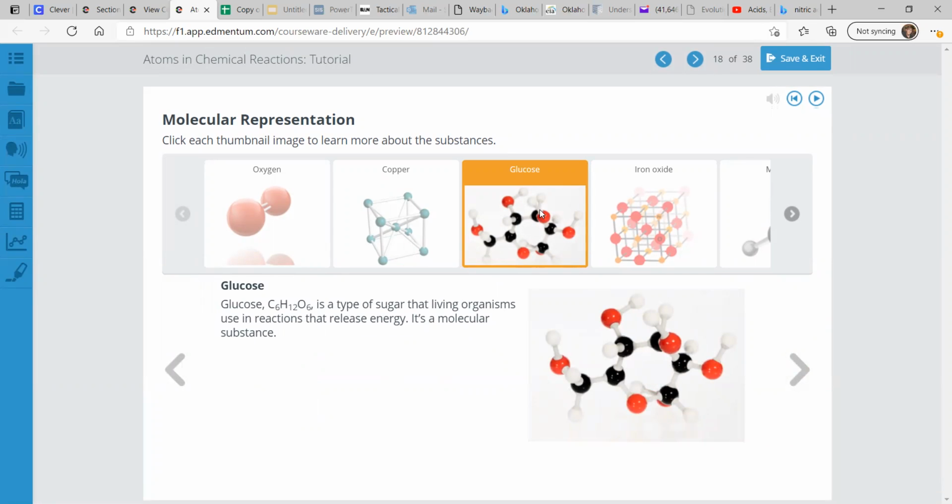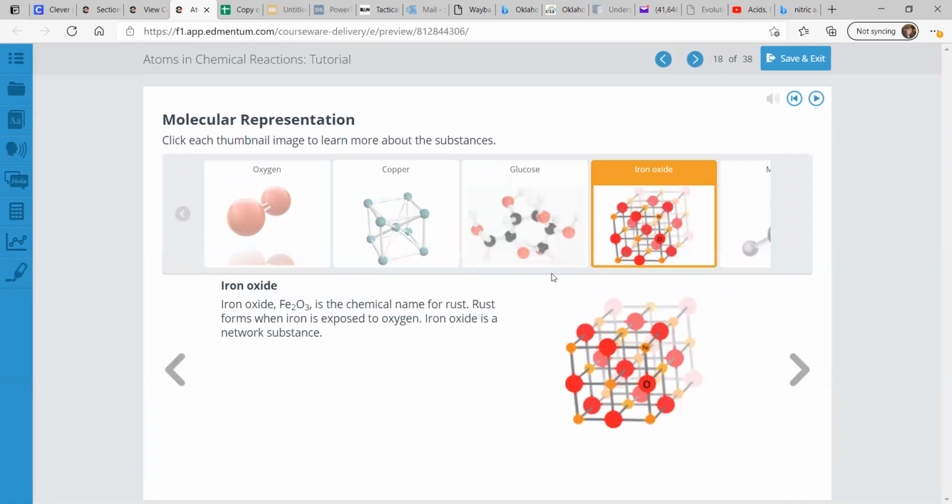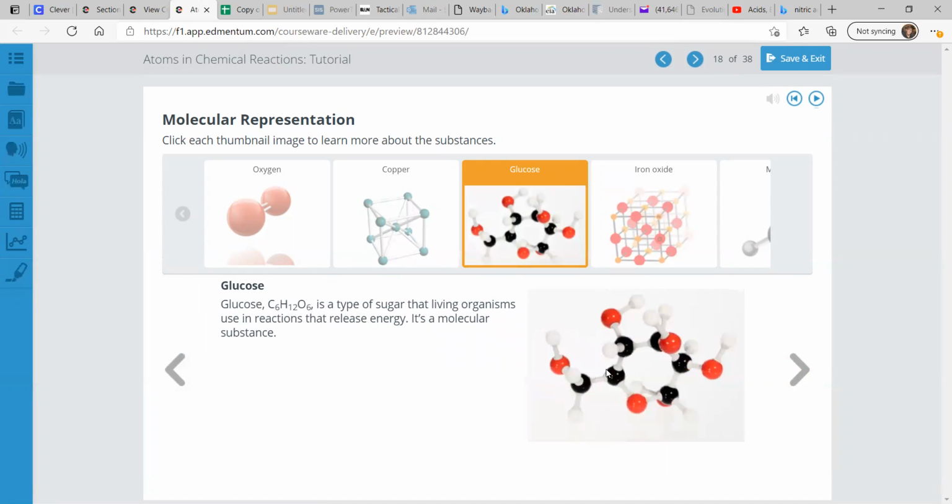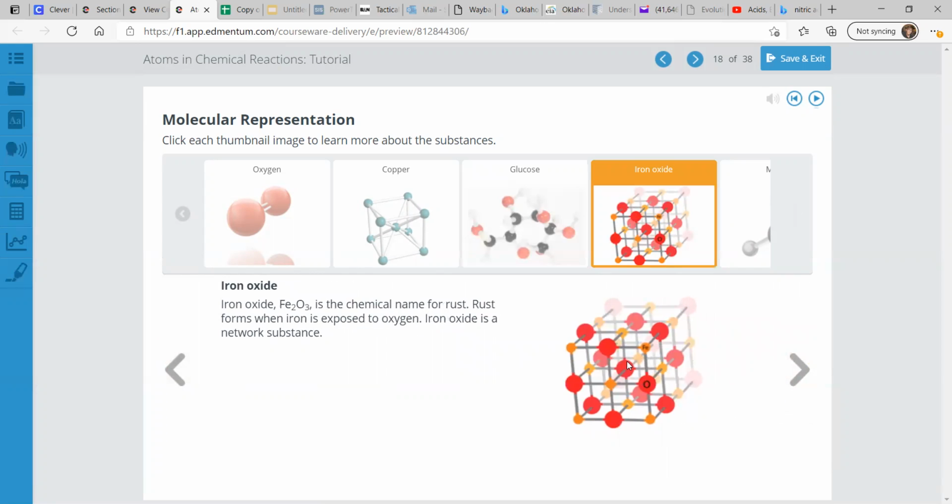Glucose, this is a formula for that, is a type of sugar that living organisms use in reactions that release energy. It's a molecular substance, meaning it looks less structured. Iron oxide, Fe2O3, is the chemical name for rust. Rust forms when iron is exposed to oxygen.